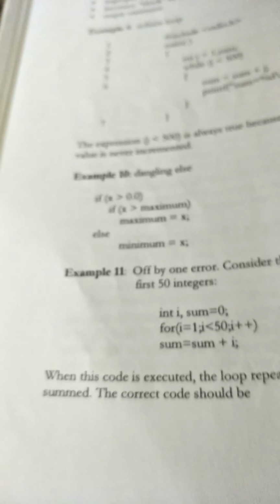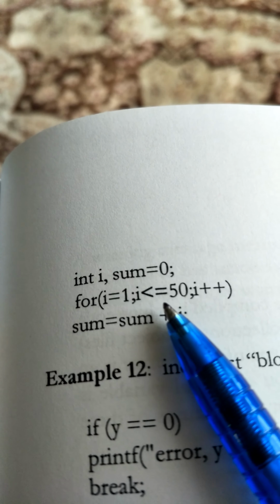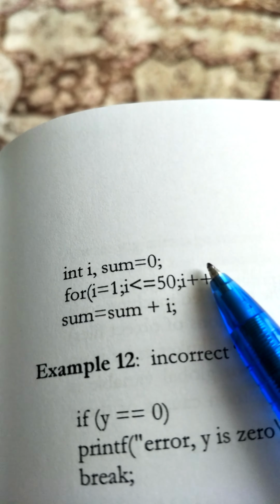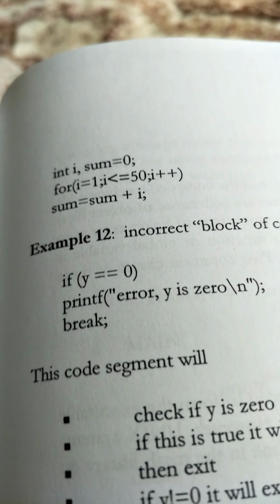Okay, so yeah, this should be the correct one for the sum of the first 50 integers. The condition here is i less than or equal to 50. So this is the correct one.